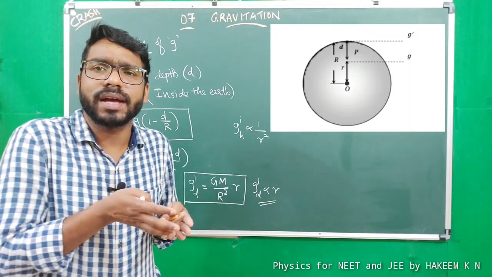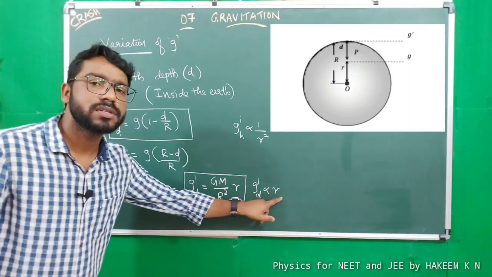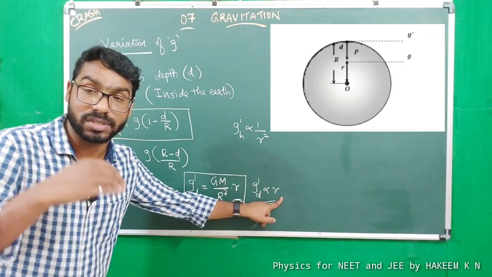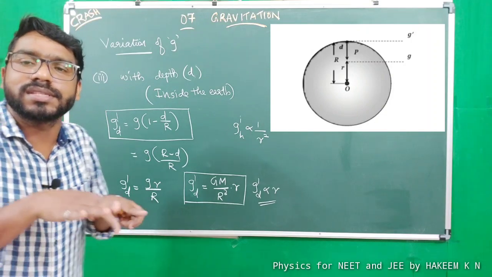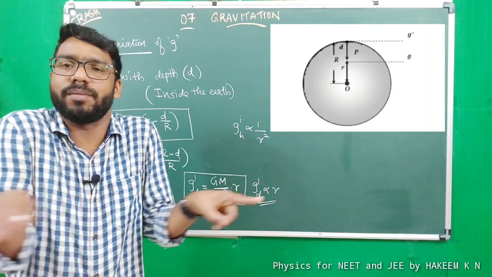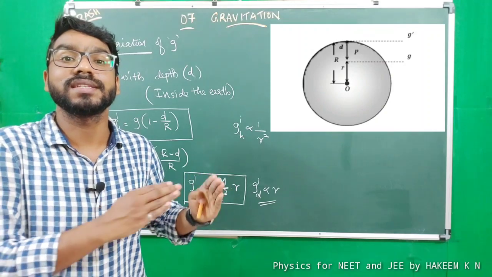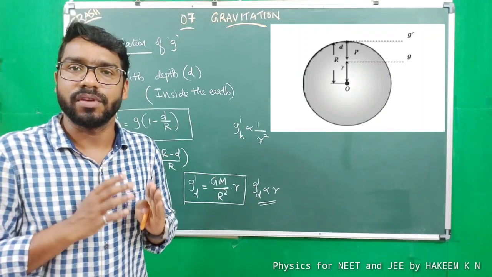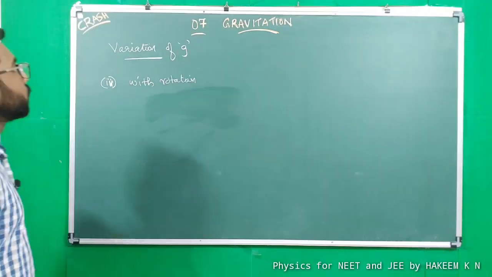So what will be the acceleration due to gravity at the center of earth? At the center of earth, small r, distance from the center, equals 0. So g dash with the depth equal to 0. So at center of earth, weight of every body is 0. So we can say every body feels weightlessness at the center of earth.